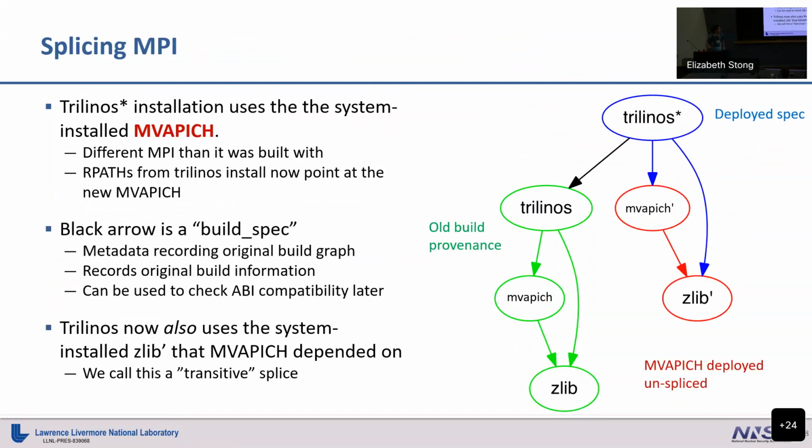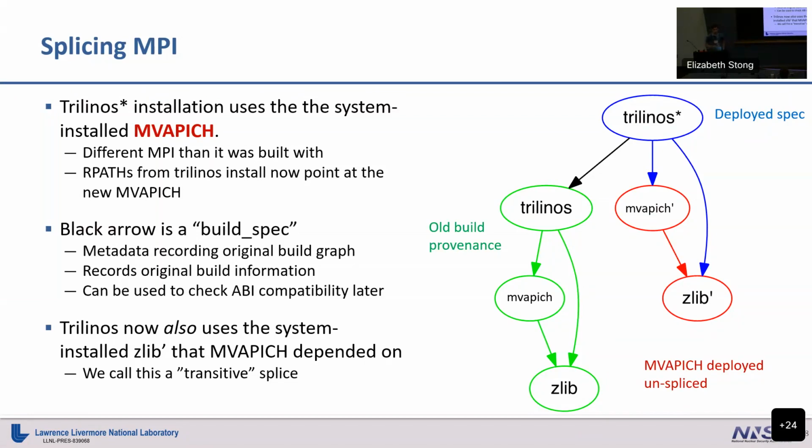So the splice that we want to do is we want to redeploy Trilinos built against MVAPICH prime, move all of the RPaths over, all of that rewiring stuff that we can ignore. But we also want to preserve the provenance. So this black arrow is denoting what we call the build spec. It's just a metadata recording of how this thing was built originally. Now, in this example, Trilinos also uses a new zlib prime that came in with MVAPICH.